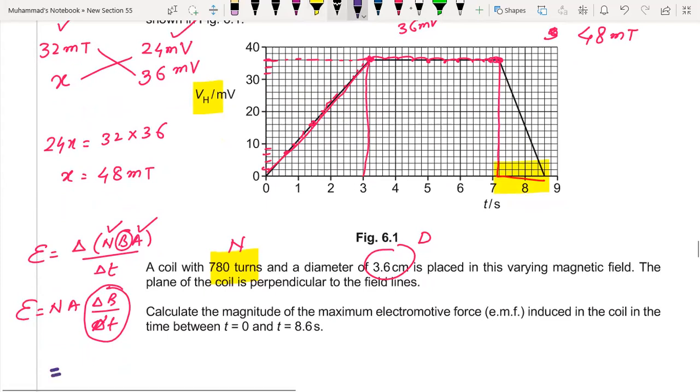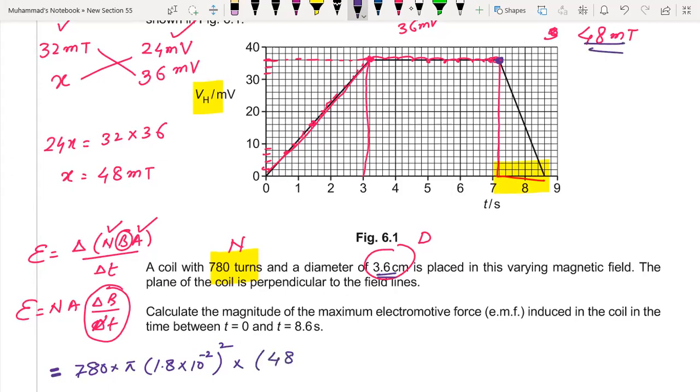So number of turns is 780, and area is pi r squared, where r is half of the diameter. So 1.8 times 10 to the power minus 2, whole squared, times the change of magnetic flux density, from 48 millitesla to 0.